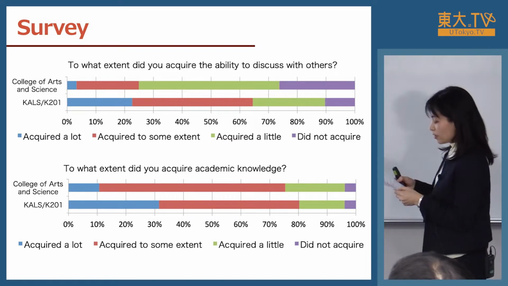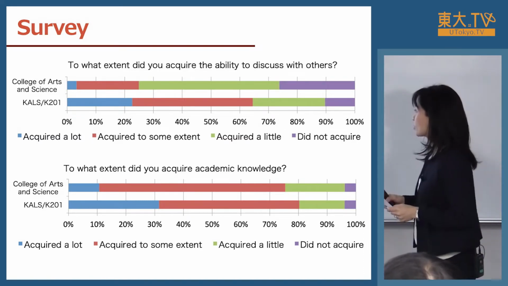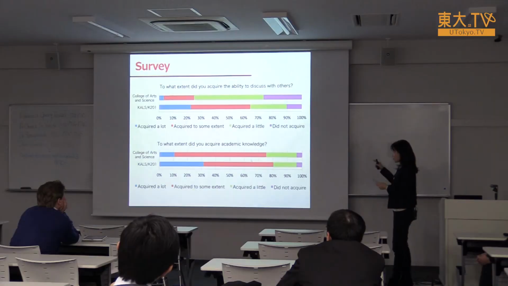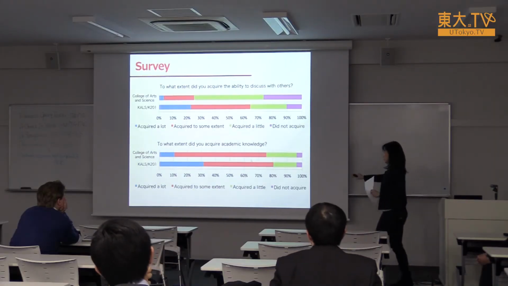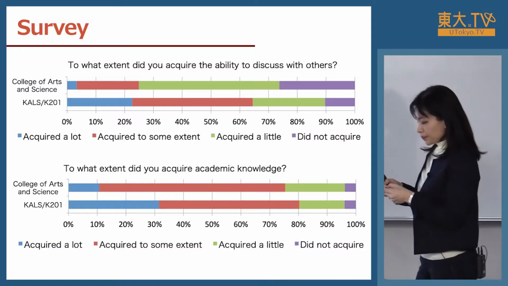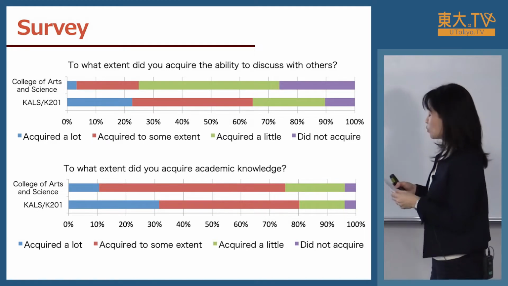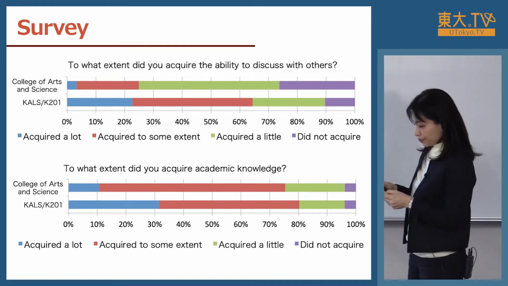On the other hand, in the next question, to what extent did you acquire academic knowledge? the difference between the two is negligible. 90% of the students, 80% of the students from both categories responded either acquired or acquired to some extent.